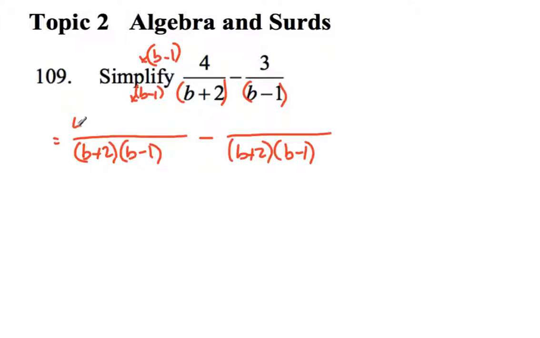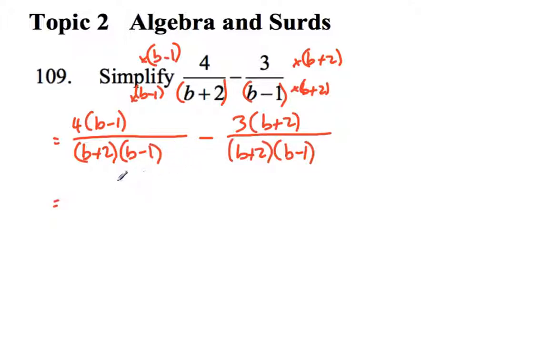So we have 4 outside of b minus 1 on that one. Now, we had a b minus 1 on the bottom of this second fraction, and we've multiplied it by b plus 2. So we'd better do the same to the top. Complicated, I know, but we're just keeping our wits about us here. A 3 outside of b plus 2 would be done there.